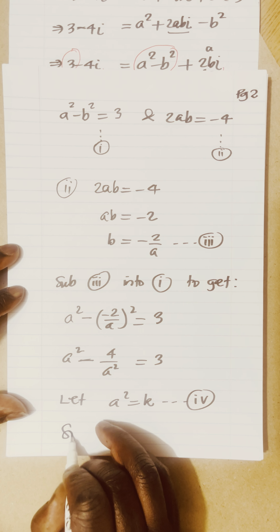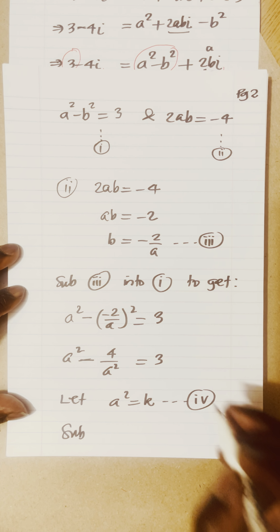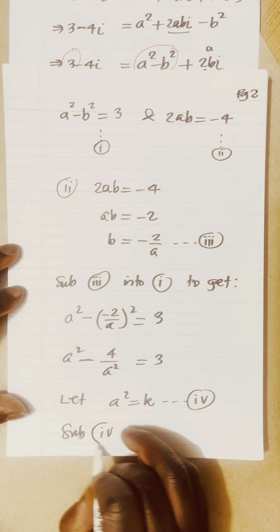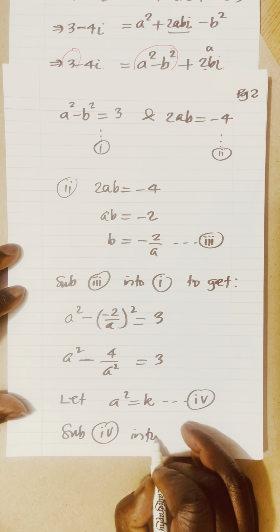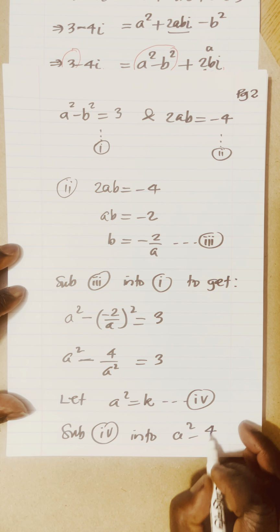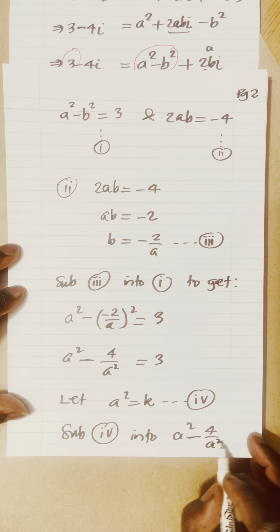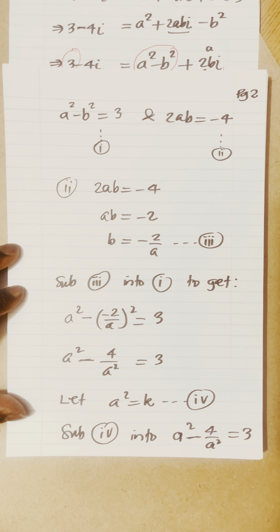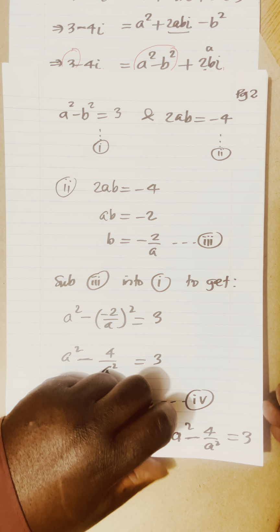And then we're going to say sub 4 into a squared minus 4 all over a squared equals 3. And what do we get? Where there's a squared, I put k.